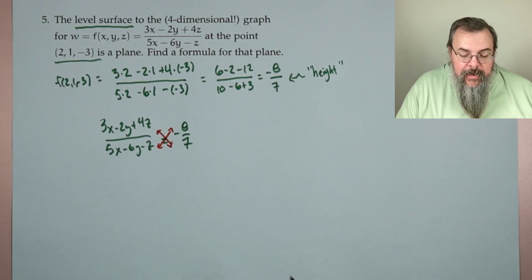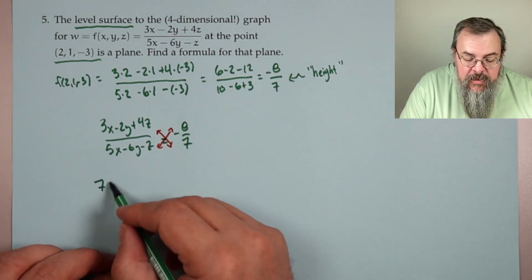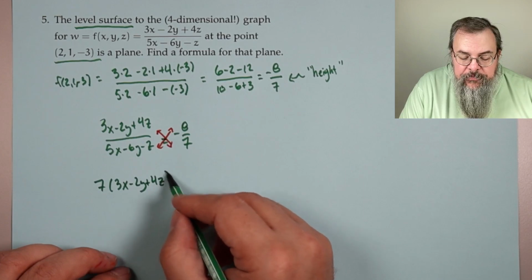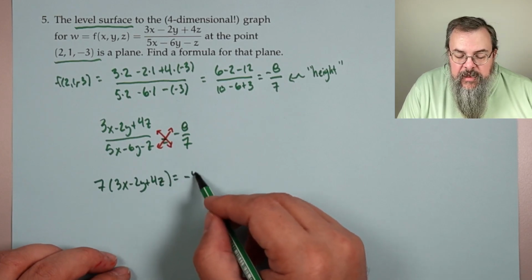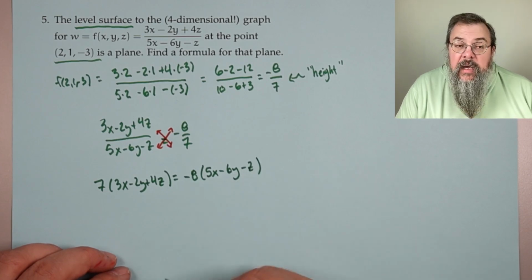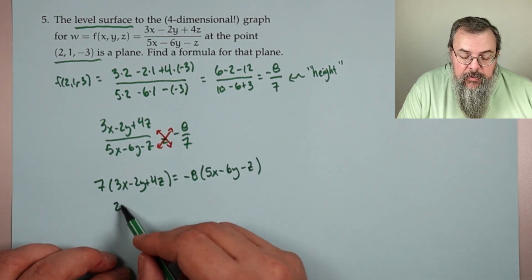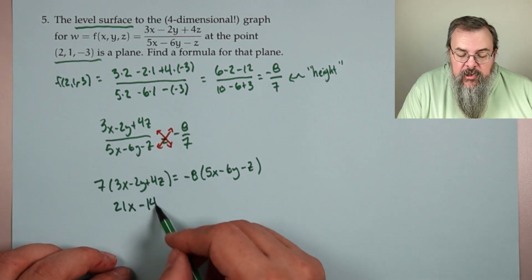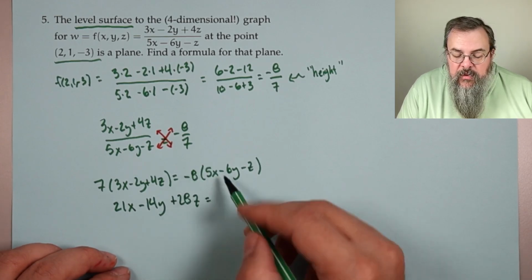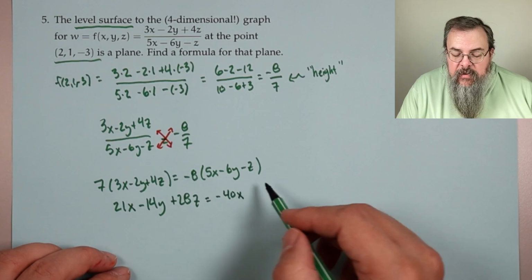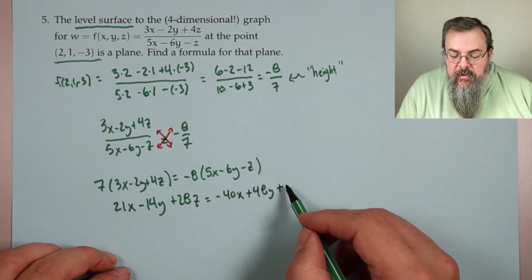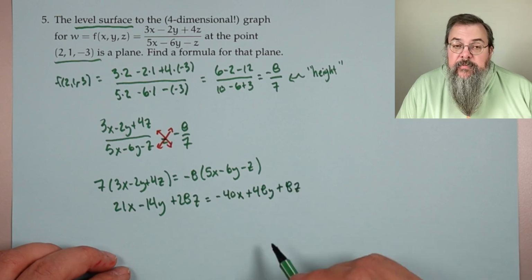So we have 7 times (3x minus 2y plus 4z) equals negative 8 times (5x minus 6y minus z), or 21x minus 14y plus 28z is equal to minus 40x plus 48y plus 8z.